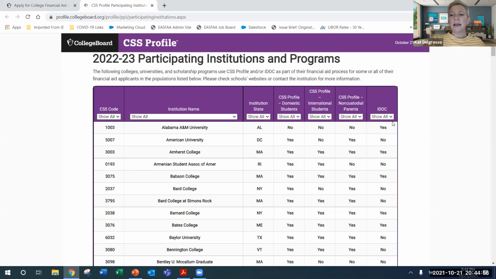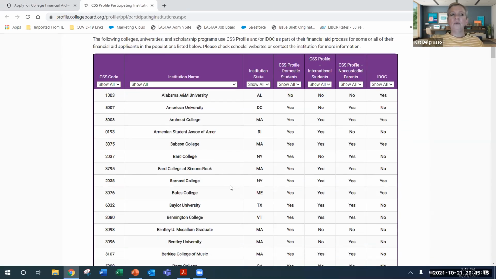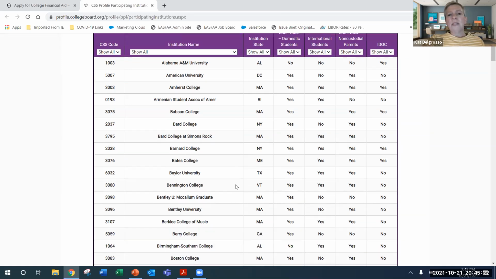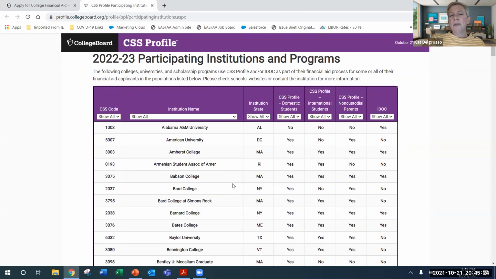And the reason why I just said that is because technically, a college, let's call it college ABC, if they don't want to show themselves on this public list, they actually can opt out of showing themselves. And you might say, well, why would they do that? A college that doesn't show on here, but from looking at their website or talking with someone in financial aid or getting notified, you have to do the CSS profile. If you don't see them on here, it may just be because maybe they're only asking it of certain populations or something.